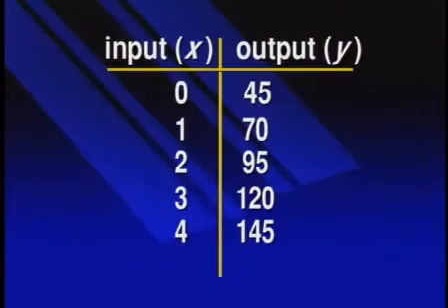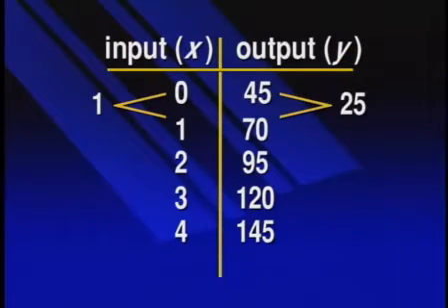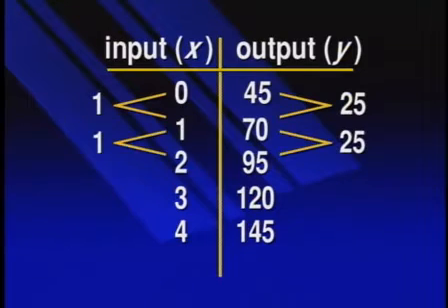We see that the change between 0 and 1 in the X column or input column is 1. The corresponding change in the Y column is 25. Also between 1 and 2, our change is 1, and again between 70 and 95, the change is 25.